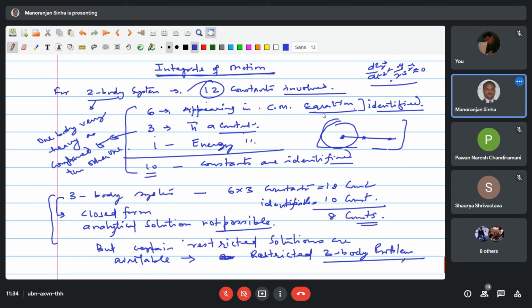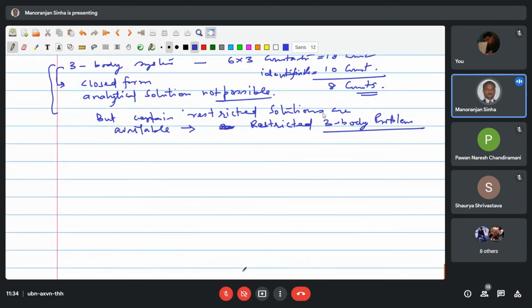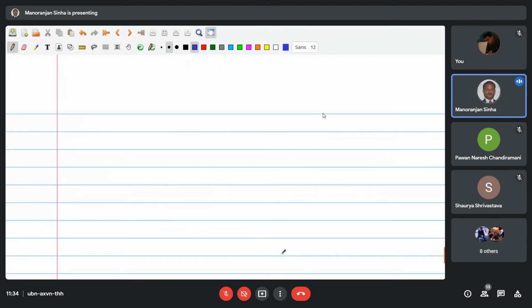So even if we take the central force motion, our differential equation is a second order differential equation. Three scalar equations are involved therein.